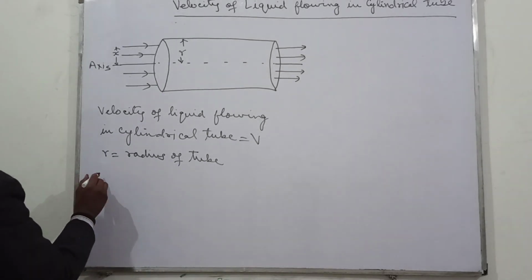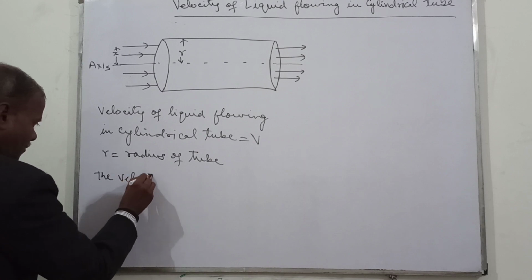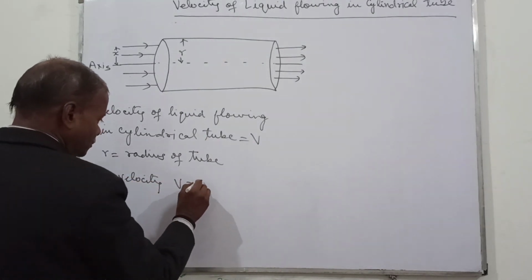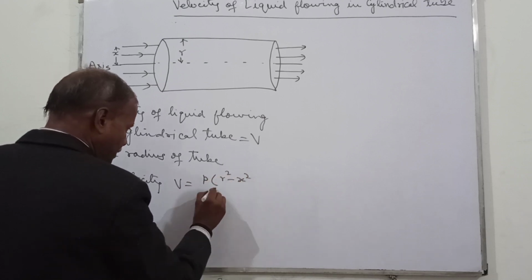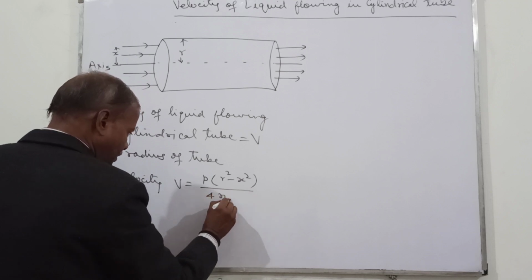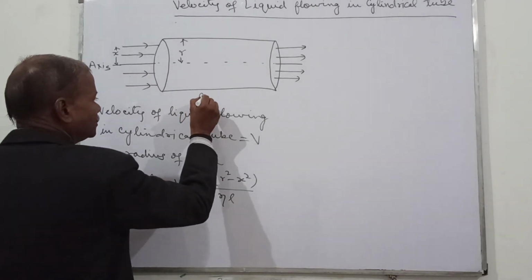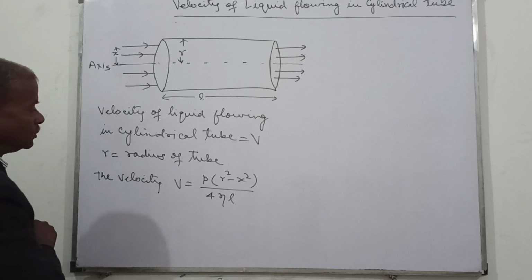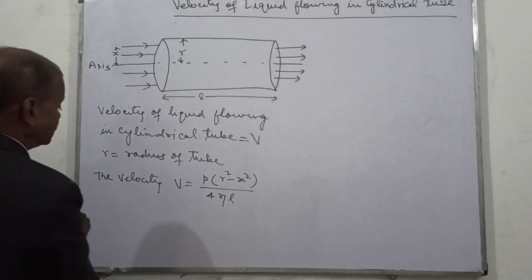So now the velocity V is equal to P into R square minus X square upon 4 eta L, where L is the length of the tube.